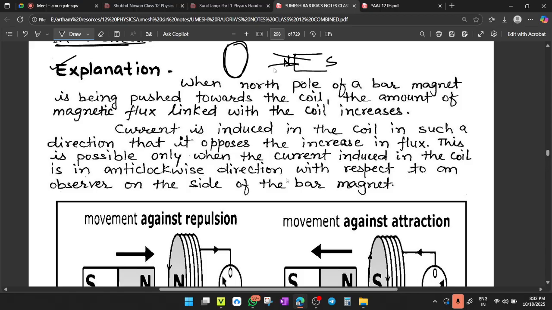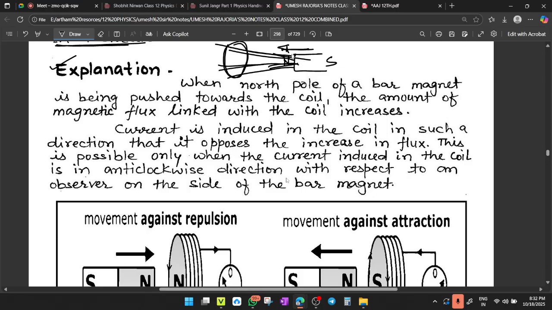When the north pole of a bar magnet is being pushed towards the coil, the amount of magnetic flux linked with the coil increases. Yes or no? So current is induced, but before the current, the voltage is induced. The EMF induced in the coil is such that it opposes.